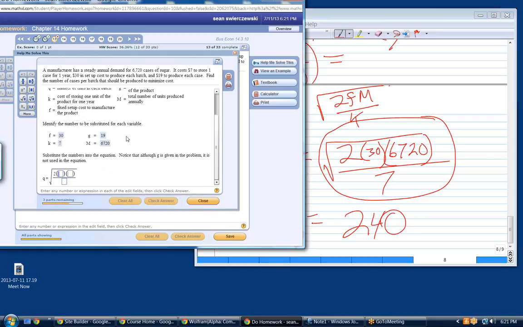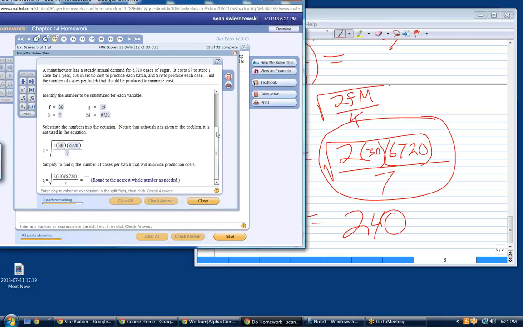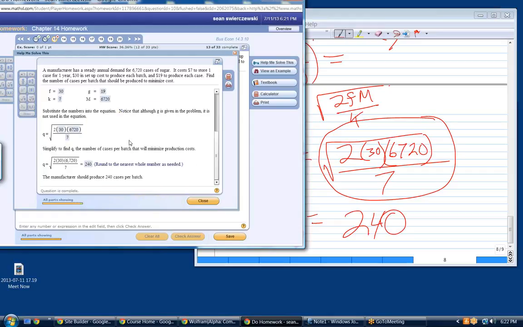All right. So 30 here, 6720 here, and 7 down there. All right. What'd you say the answer to that was? 240. I'm dying to figure out what their equation is that we have to take the derivative of.